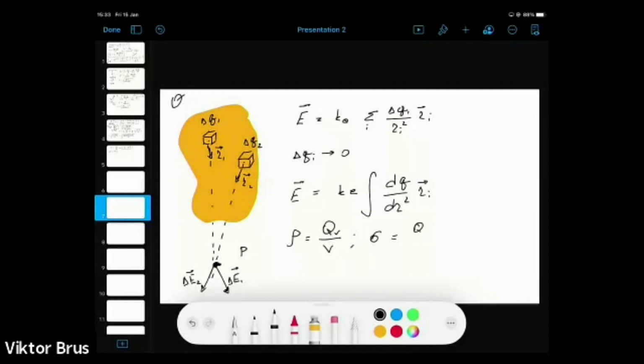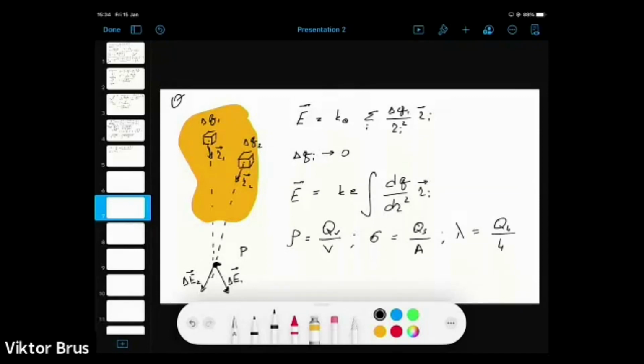Here we can call it volume charge, here surface charge. And there is another parameter, lambda, in the case when electric charge is distributed along a straight line: Q divided by L. So these are the parameters if we have uniform distribution of electric charge.